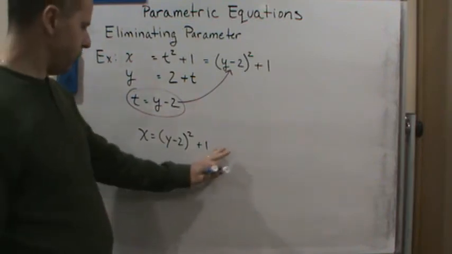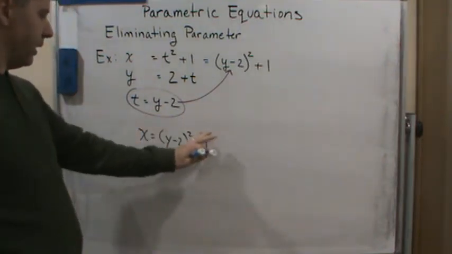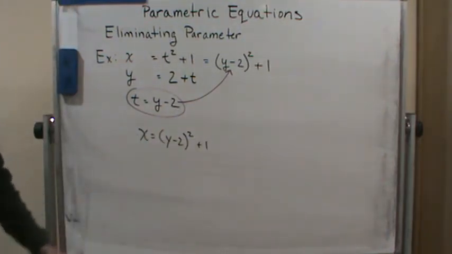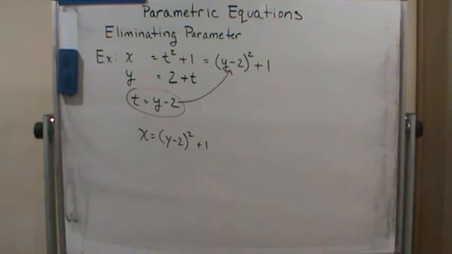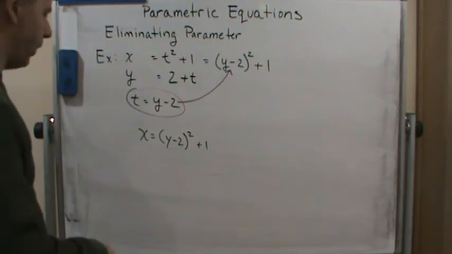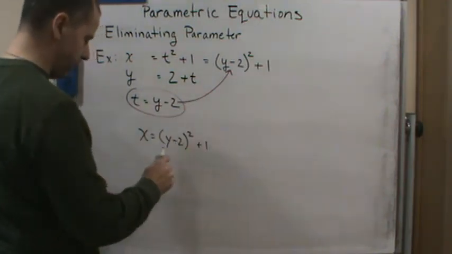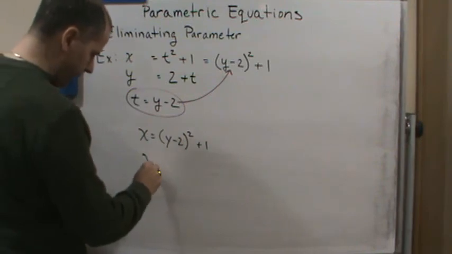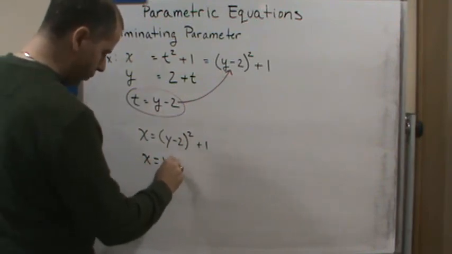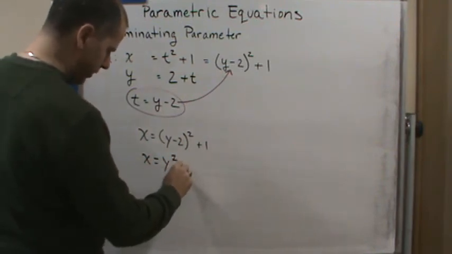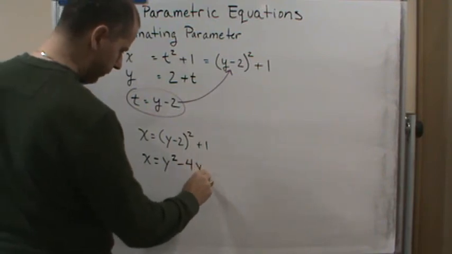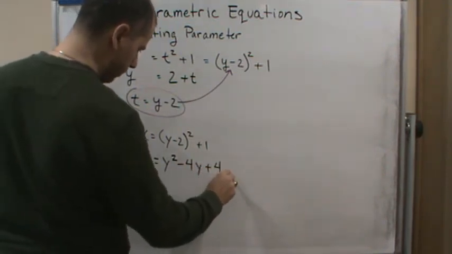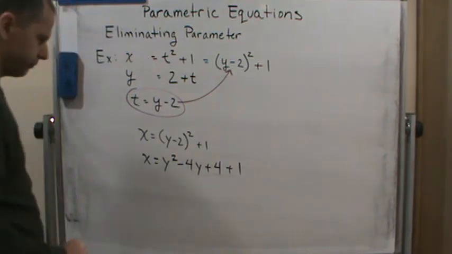So now all I have to do is simplify this and solve for y. In this case, I'm not going to be able to solve for y, and you'll see in a minute. I'm going to just expand this out. I get x equals y squared minus 4y plus 4 plus 1.